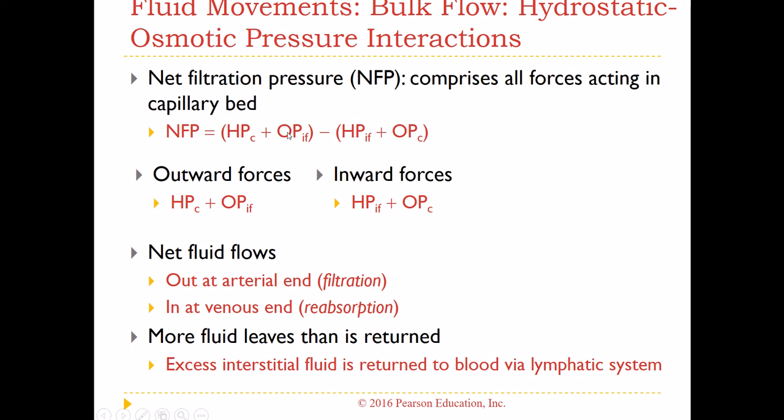Those are our outward forces. Our inward forces are the hydrostatic pressure of the interstitial fluid pushing fluid in, and the osmotic pressure of the proteins in the capillary bed pulling fluid in. We sum up our outward forces, sum up our inward forces, and subtract them, and we get this net filtration pressure.